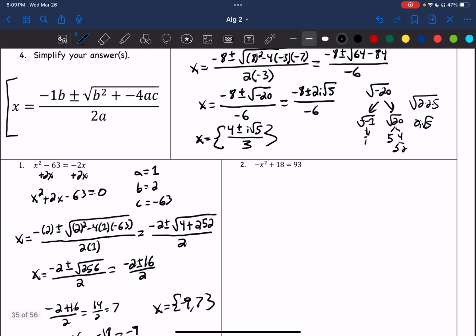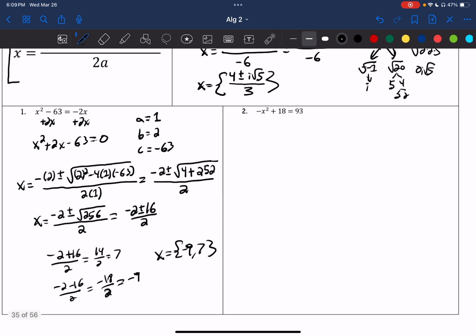All right. So now we're looking over here. We want to subtract 93 from each side because we want to get it to be equal to 0. That's the goal here, to get it equal to 0. So that's going to leave us with negative x squared.